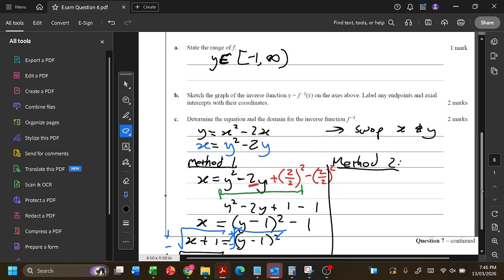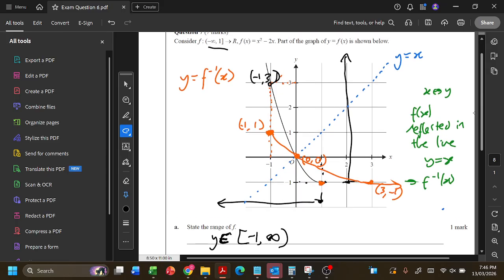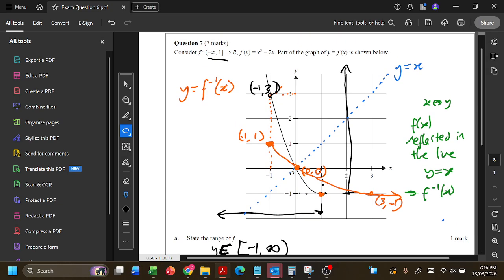So what we might think is, all right, this graph up here, the domain of this graph was negative infinity to 1. Now you need to know the domain of f is equal to the range of f inverse. And similarly, the range of f is equal to the domain of f inverse. So what does that imply here?